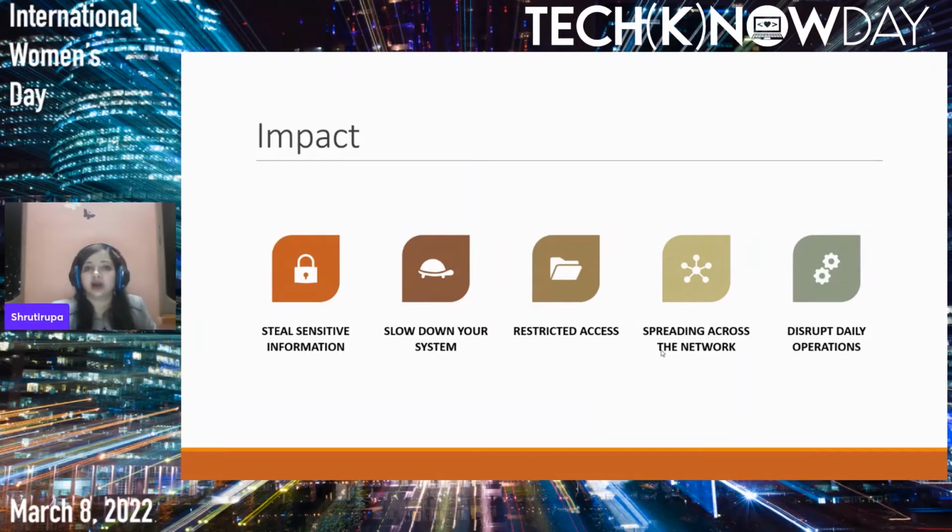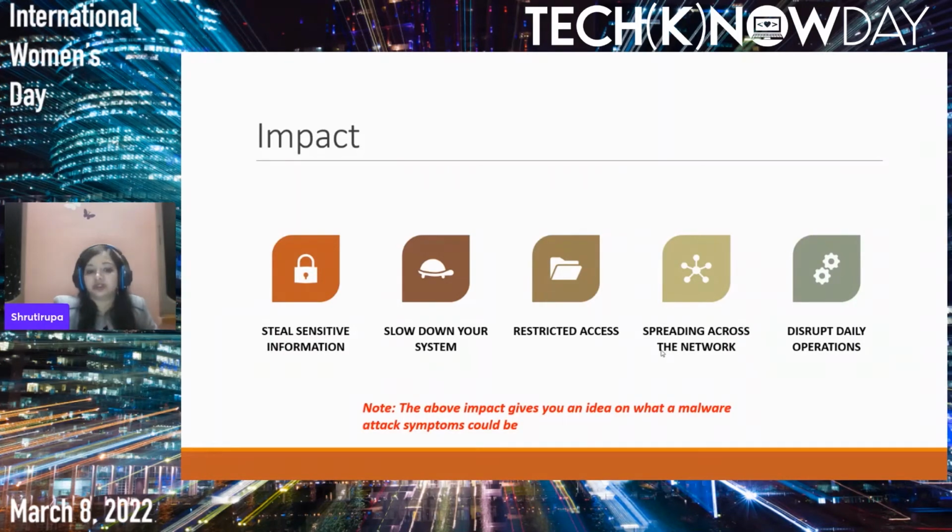So this is how a malware impacts a system, and of course all these steps lead to disrupting the entire organization if it gets infected with even a very small malware.